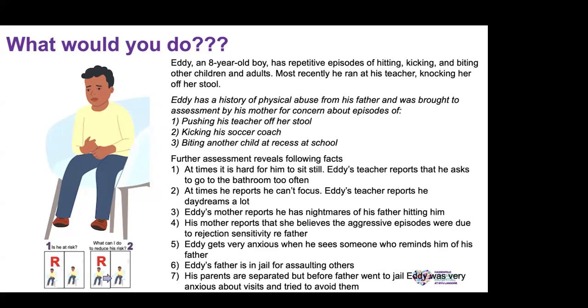So I think about self-regulation skills, about how to regulate some of those symptoms. In the classroom, he pushed over his teacher and he kicked the soccer coach.